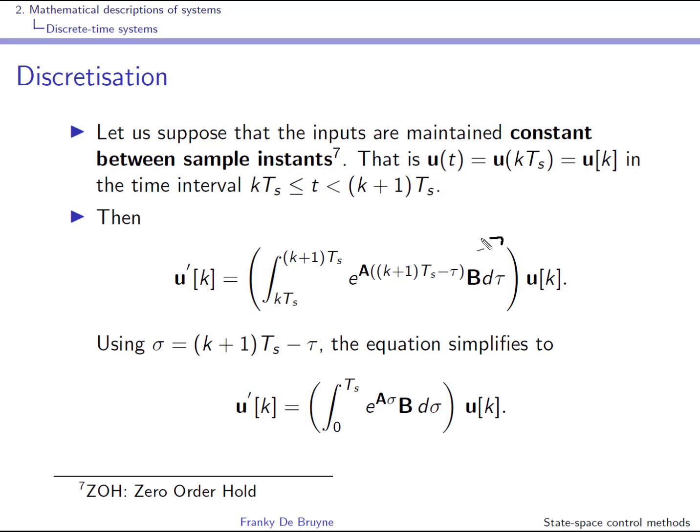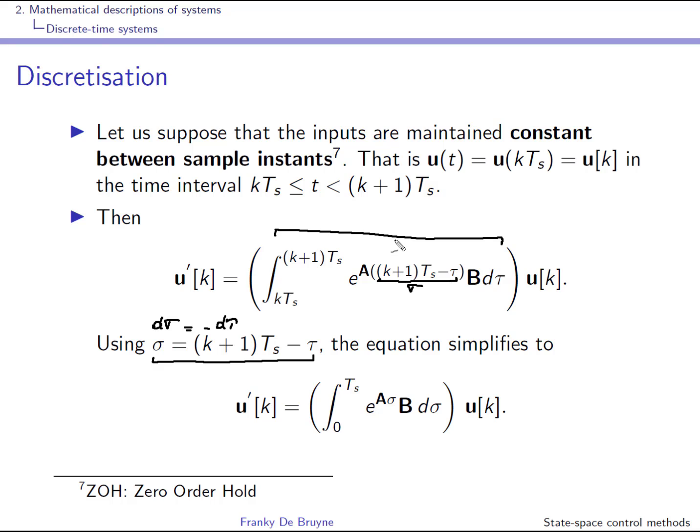So what we'll do now is rewrite this, and we'll do a change of notation, right? So this is sigma over here. If you take the derivative on both sides, you will have d sigma is equal to minus d tau.